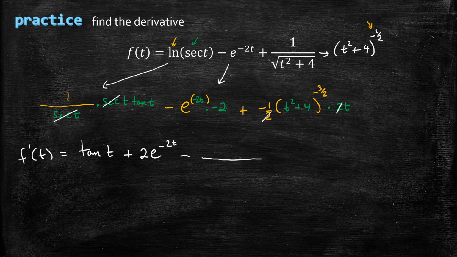And let's just put things back where they belong. So the t is on top here, and it looks like we have the square root on the bottom, which is the square root of t squared plus 4, but now we got a little cube going on there as well. And that's the final answer.